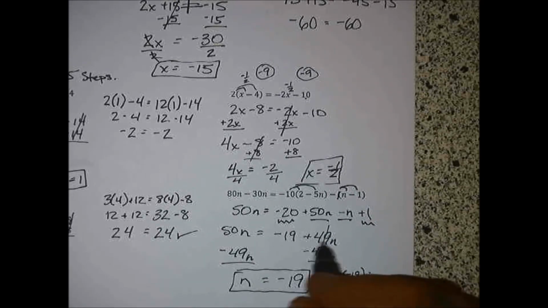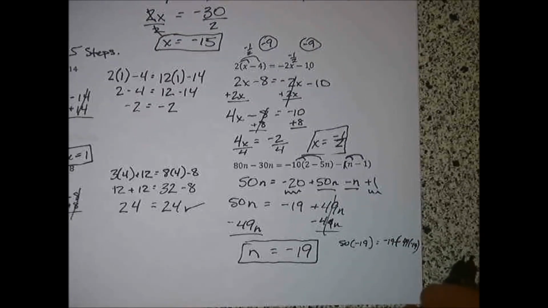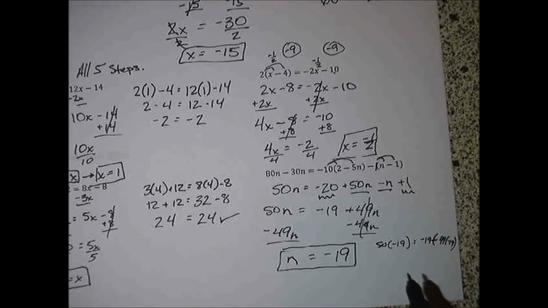I guess I'm going to use this step here because that's where my work from previous got over with. So I have a negative 19 and plus 49 times negative 19. Okay, getting a little ugly and smashed in there on the end, but that's okay. Just keep yourself focused on what you're doing.